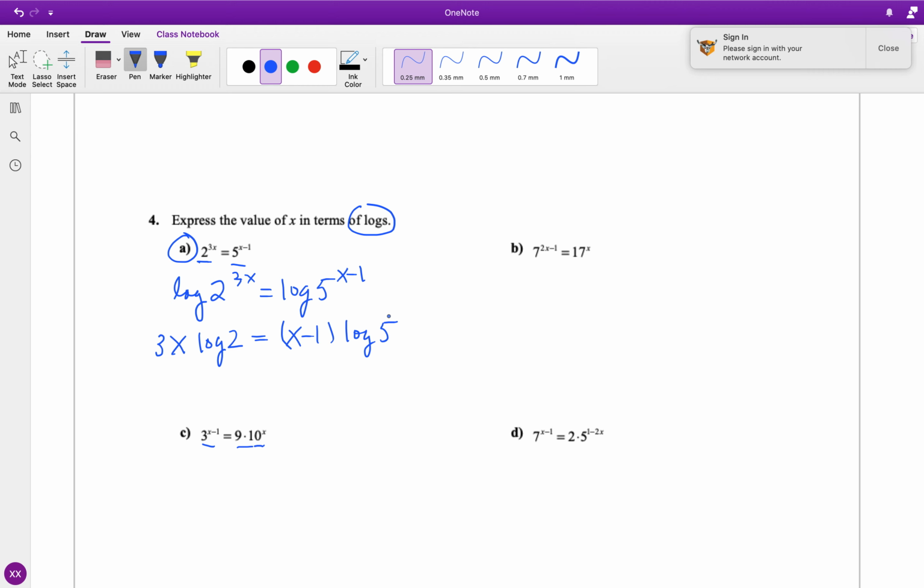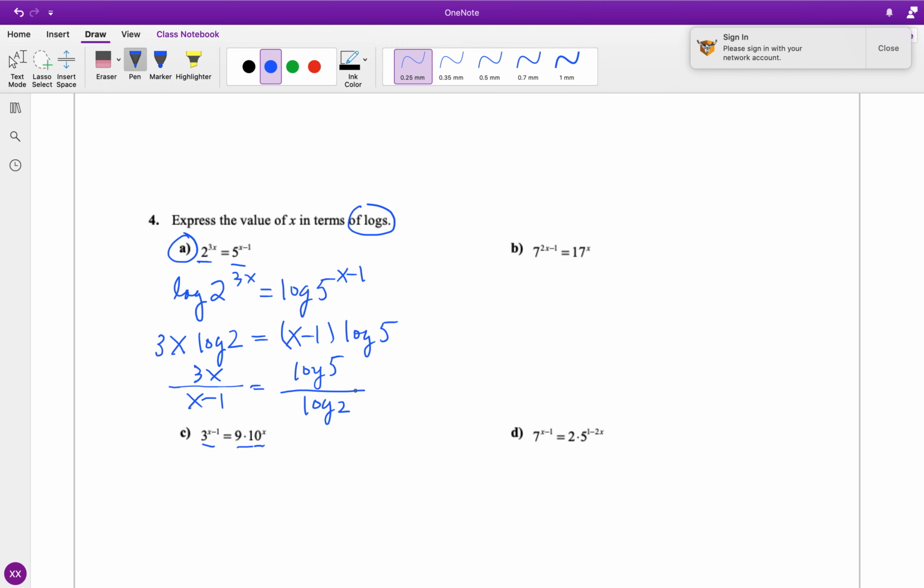Then move this to the bottom, move that to the bottom. So 3x divided by x minus 1 equals log 5 over log 2.